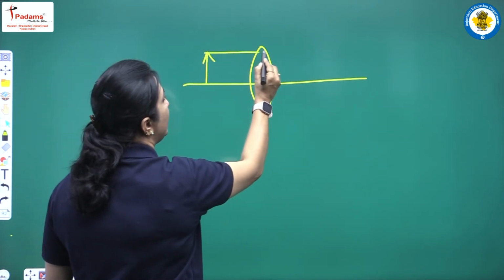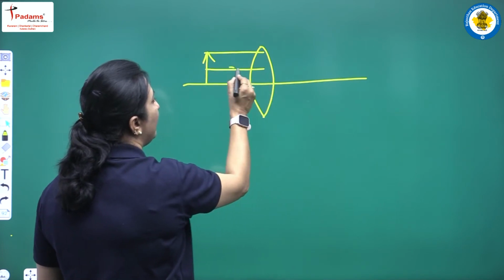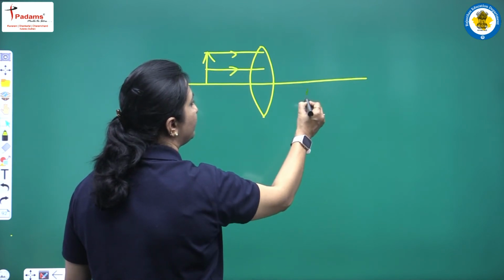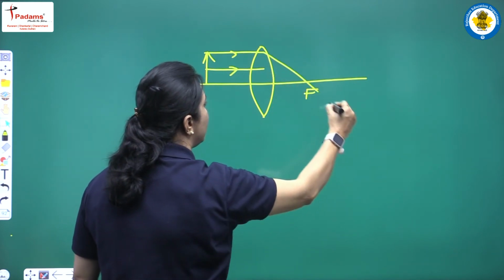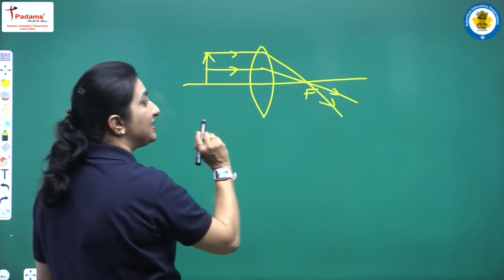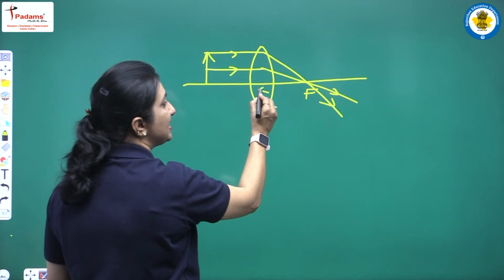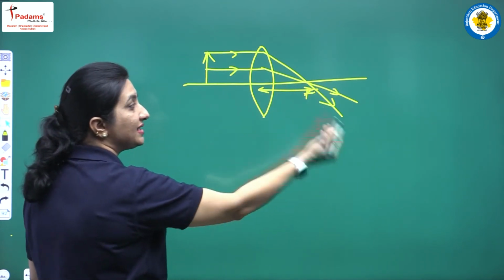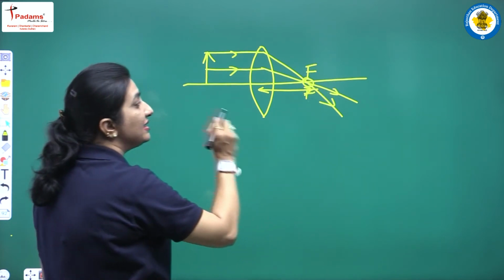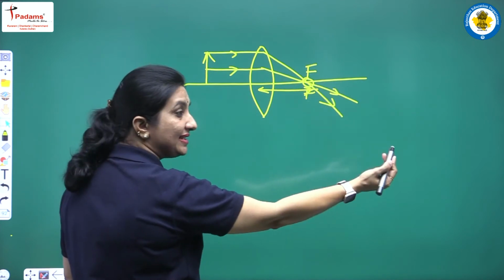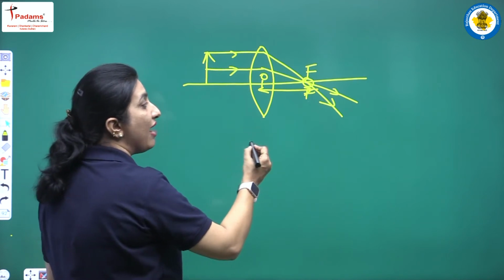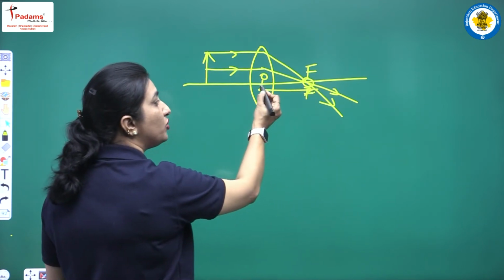Then the rays of light which are coming parallel to the principal axis, after refraction will always go through the focus, and since the focus is on the other side of the lens, this is the focus, and say this is the optical center, so we have to measure the distance of the focus from the optical center.